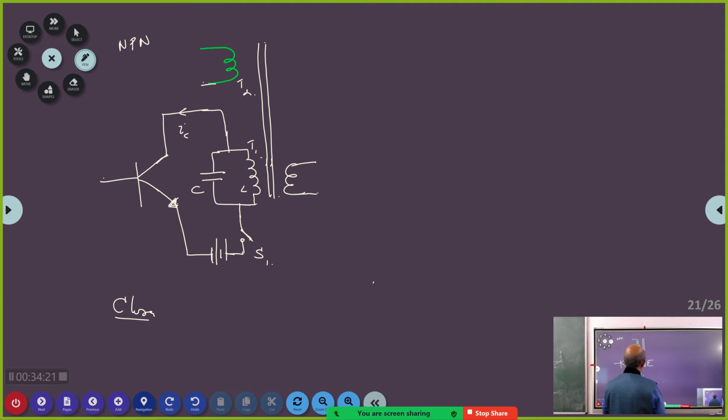That means if the current flows here or here or here, it is going to create magnetic flux, and that magnetic flux is going to link this, this, and this. In any of the coils the current flows, it is going to create magnetic flux, and that magnetic flux will link all the 3 coils. That's the idea. Got it?